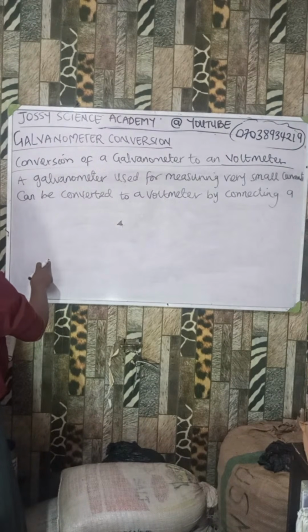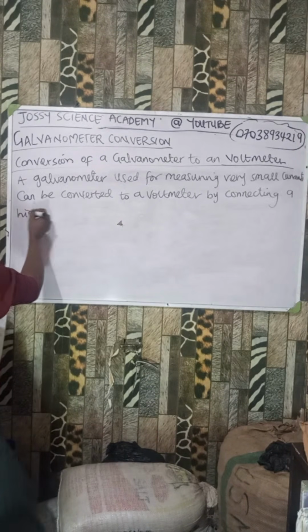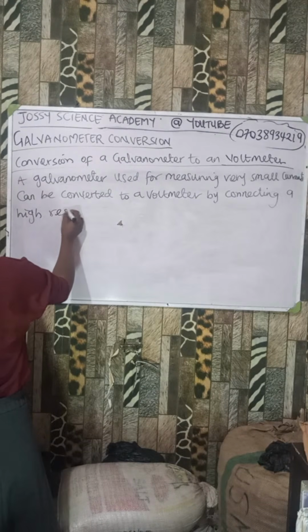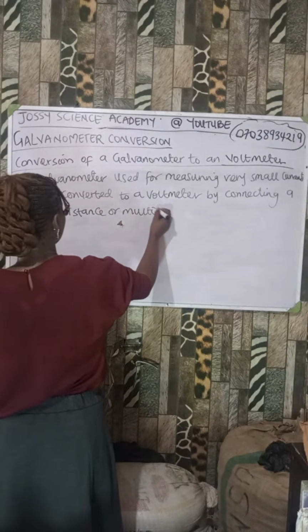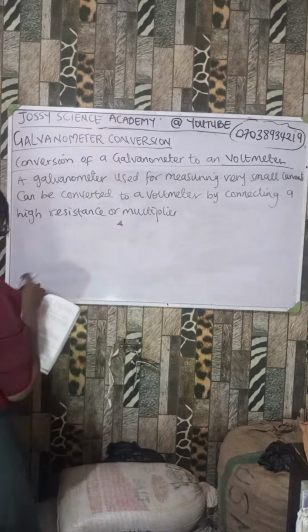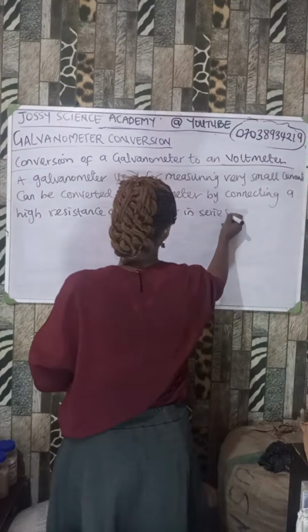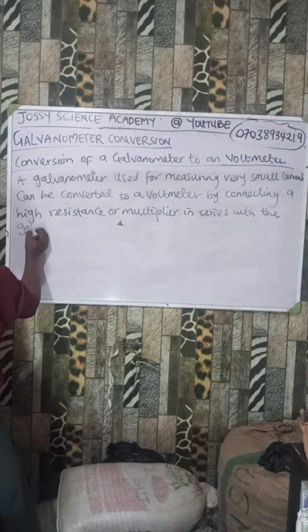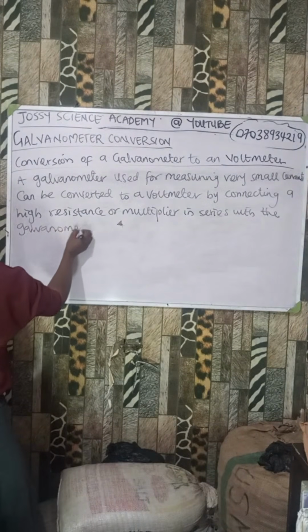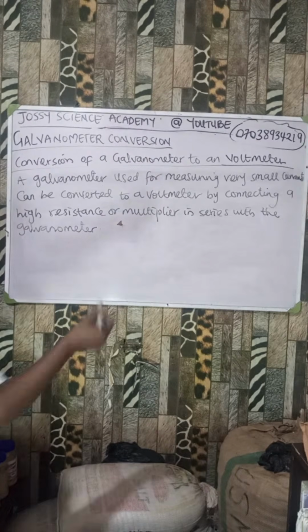By connecting a high resistance or multiplier in series with the galvanometer. Okay, so let me do a rough sketch of what I just explained.